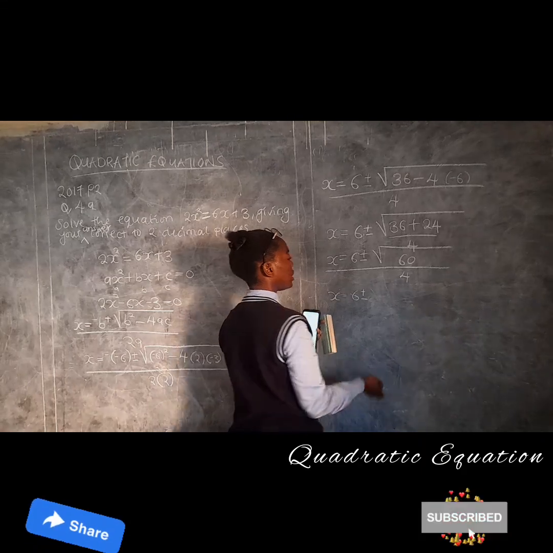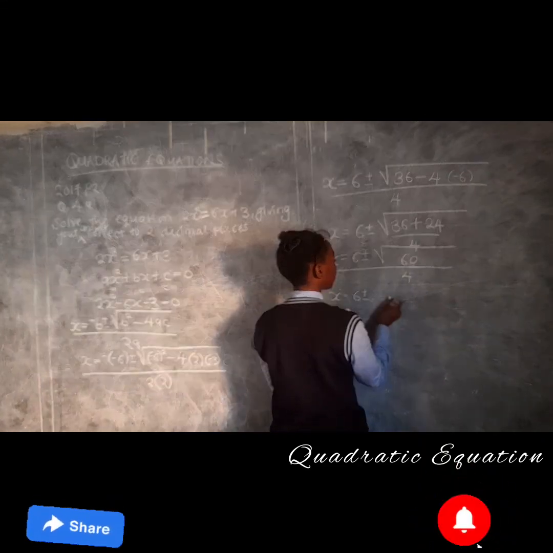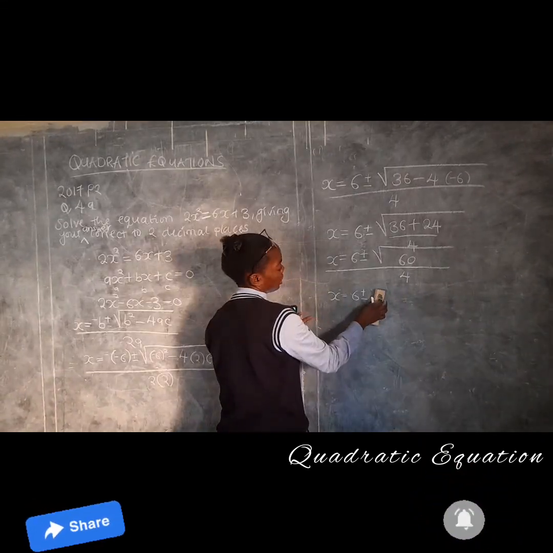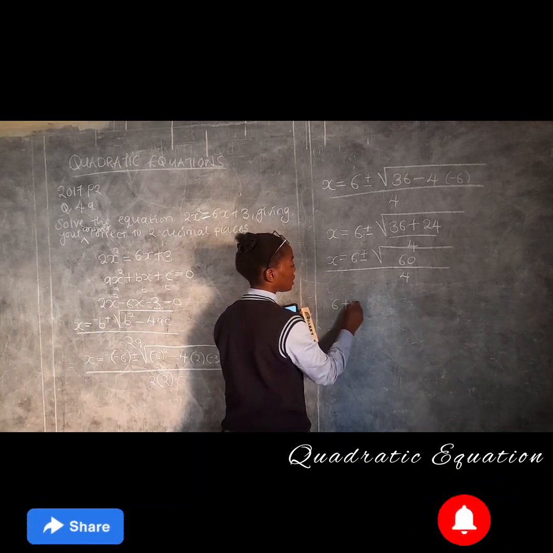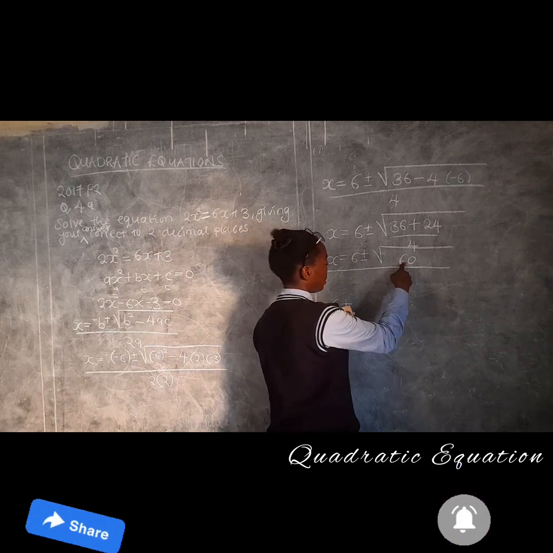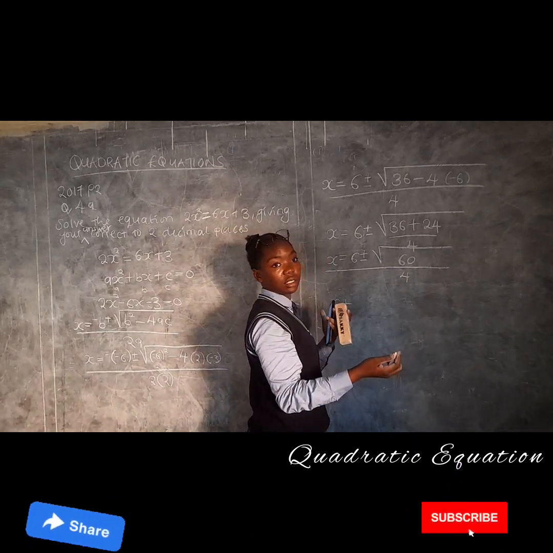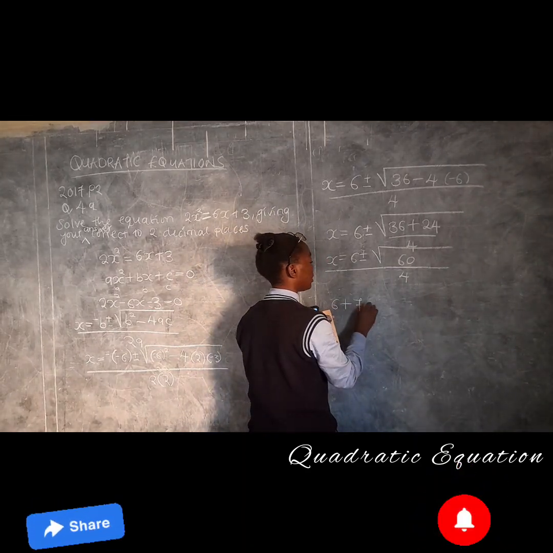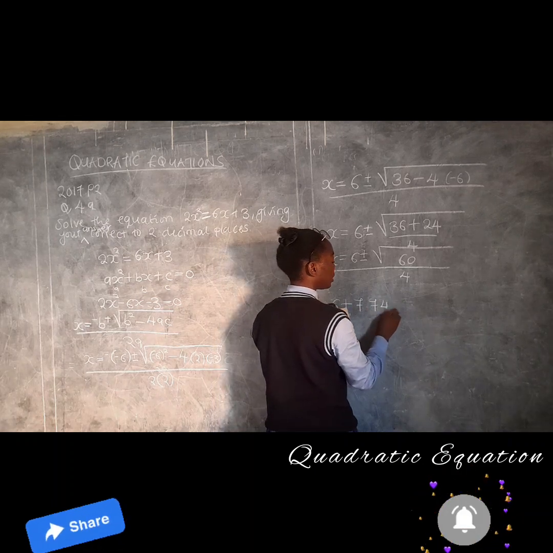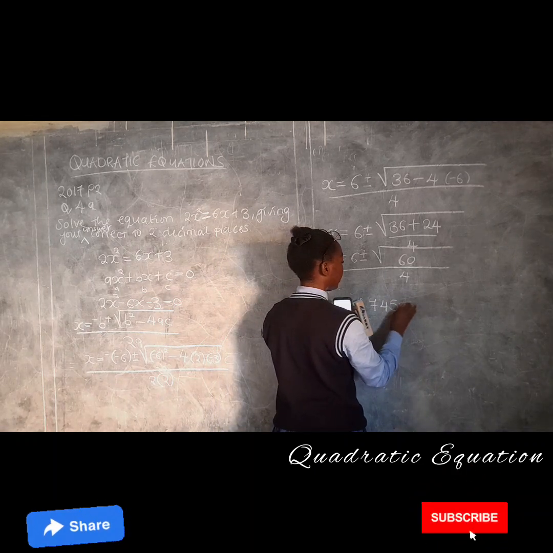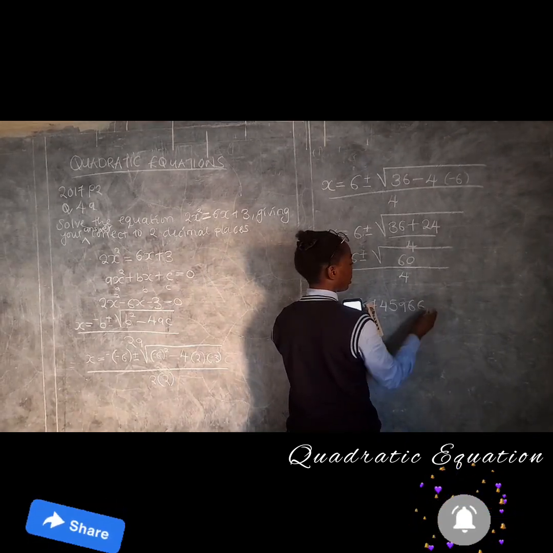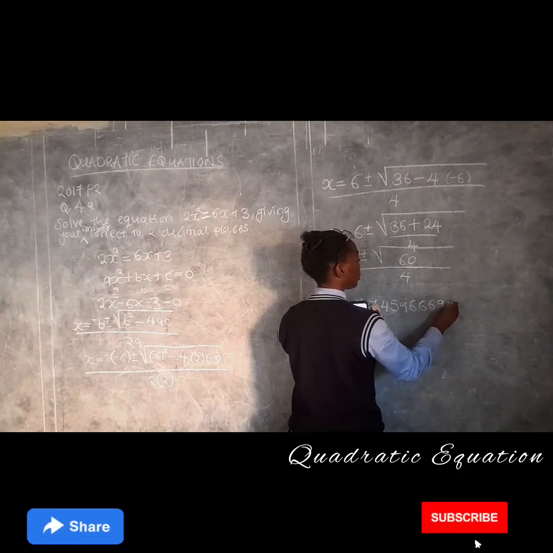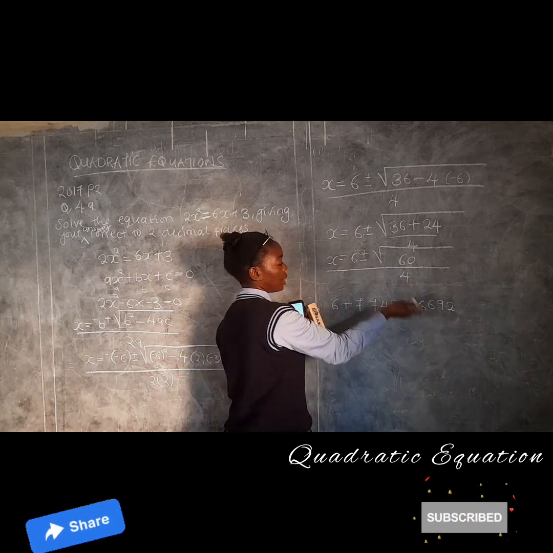So what we can do here in short, we can just write down 6 plus the square root of 60. What's the square root of 60 again? 7.745966692, over our 4 that's here.